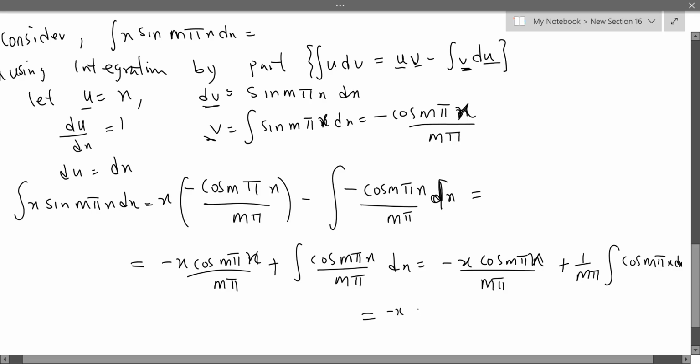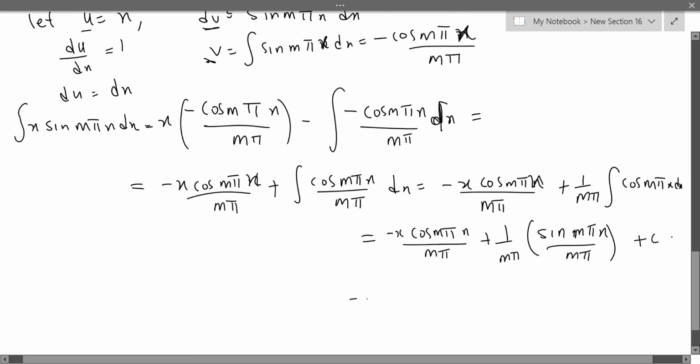If you integrate this, you get sine m pi x over m pi. You can just add plus c. So at the end of the day, we get minus x cos m pi x over m pi plus sine m pi x over m squared pi squared plus c.